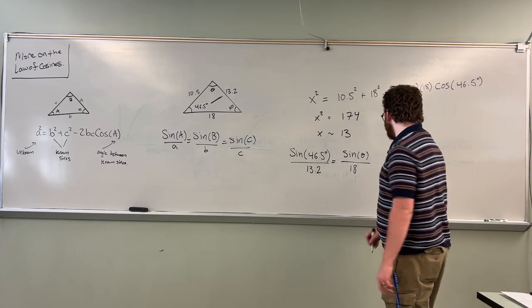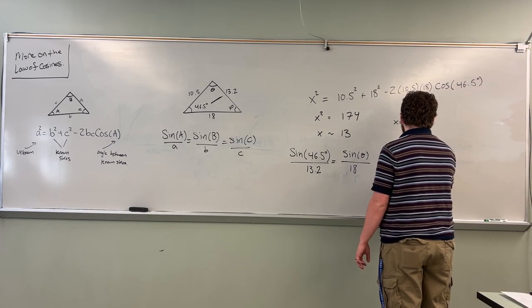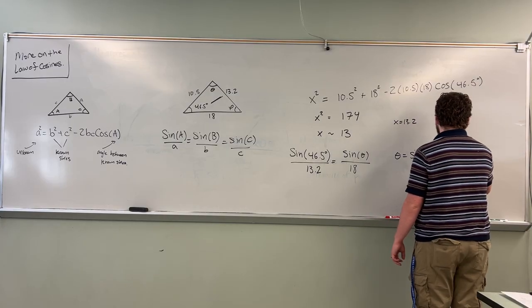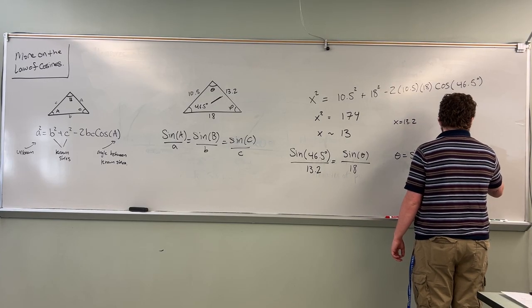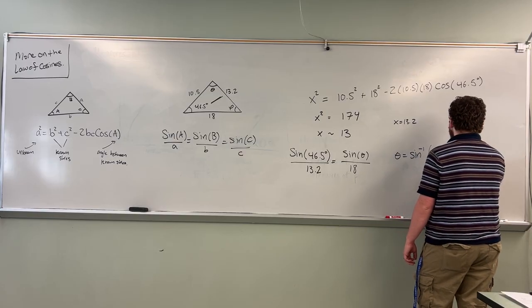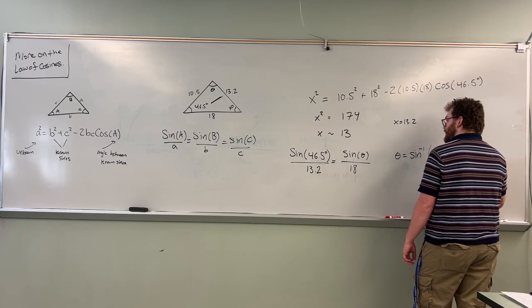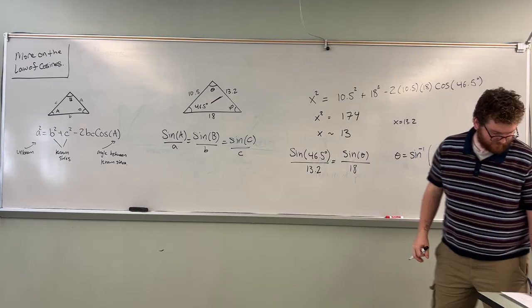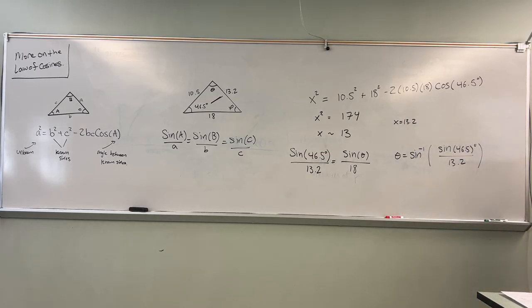Then solving for theta, I get that theta is equal to the inverse sine of 46.5 degrees divided by 13.2. Punch that in my calculator. Inverse sine of 46.5 degrees divided by 13.2.